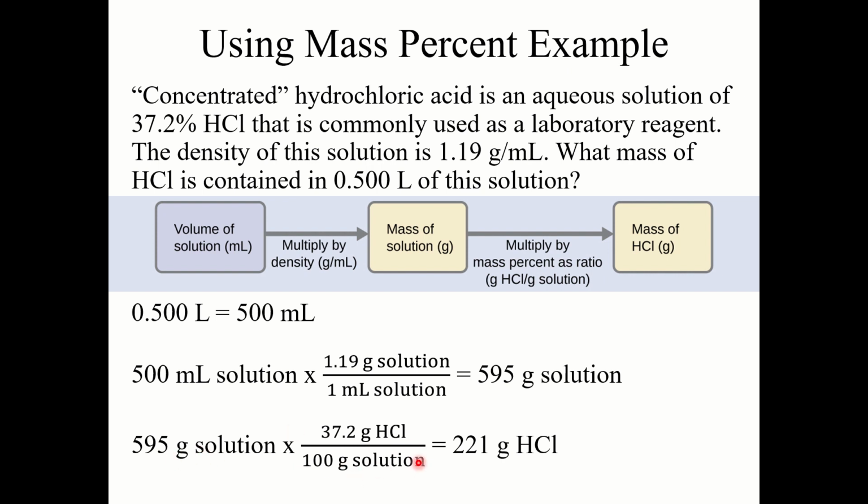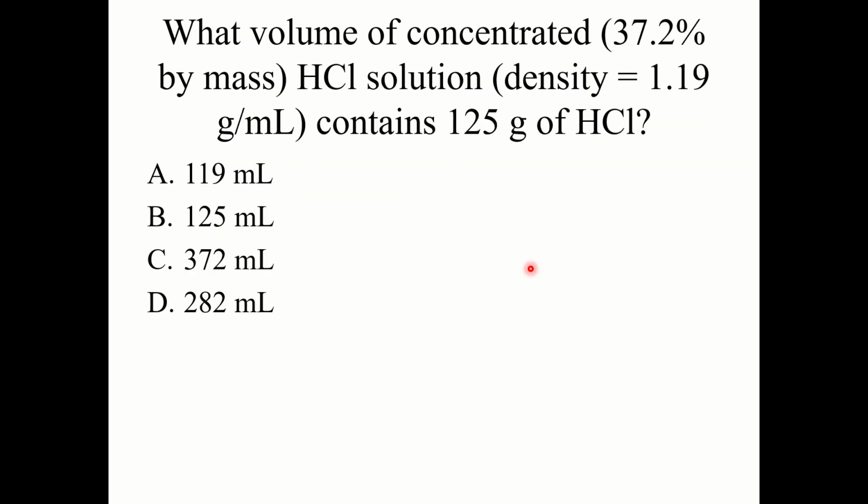So gram solution cancels. I do 595 times 37.2 divided by 100, and this gives me my final answer, 221 grams HCl. So make sure you understand the logic behind this problem and how to do it if you are asked to do a problem like this.